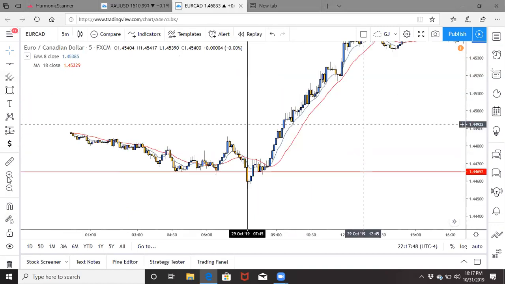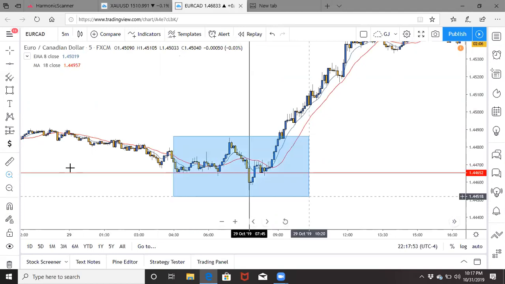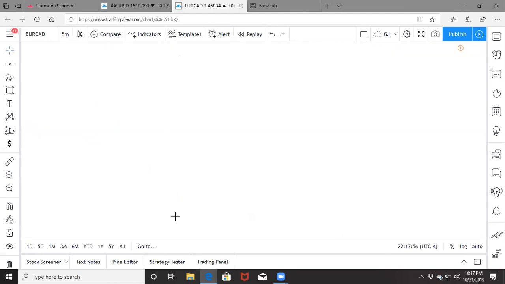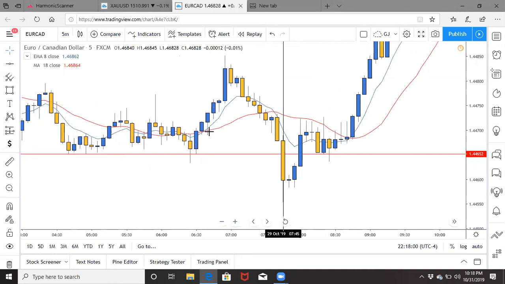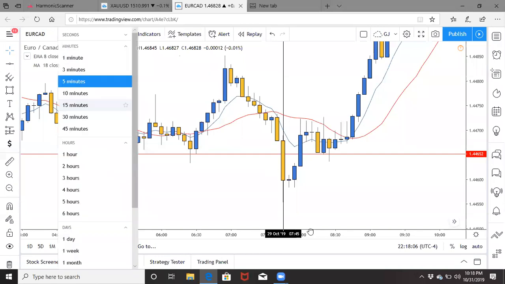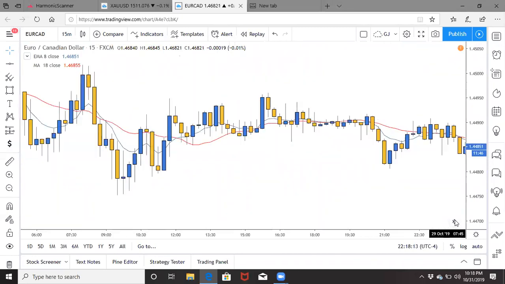Now, let's highlight this area. Looks a little different, right? Just a little bit. The scanner called it here. Matter of fact, let me mark off potential entries so y'all understand the difference. All right, let me go back. I'm gonna mark off an M15 entry.